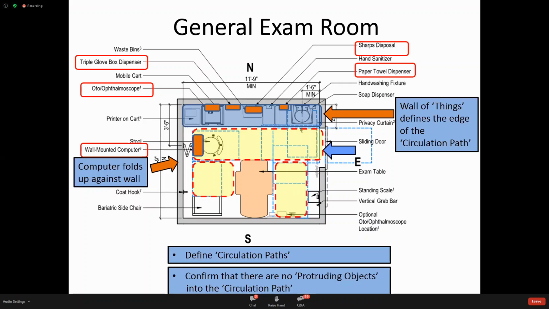The true problem is if you approach it from the side, are you going to hit your shoulder on any of these things? Well, with our wall of things, you're never going to be walking alongside close to that wall and hit your shoulder on the glove dispenser. So I'm perfectly fine with this layout from an access standpoint. It does not put people that are sight impaired at risk.